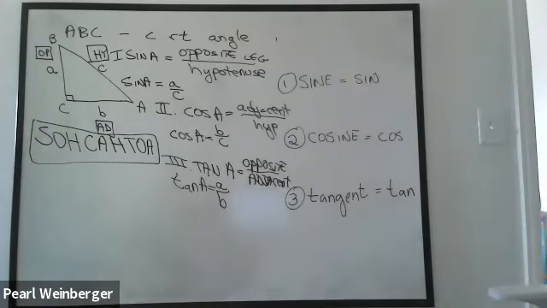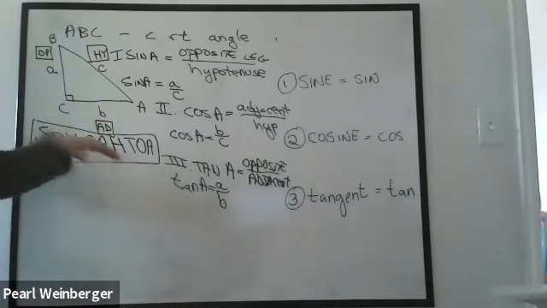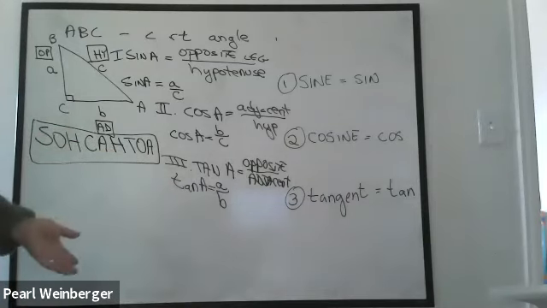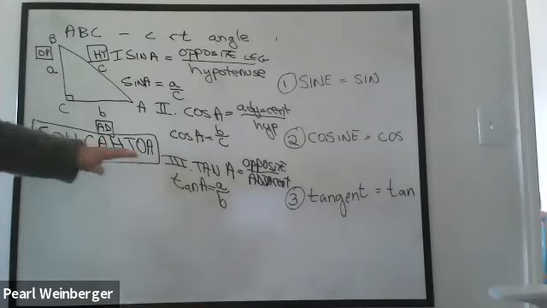A mnemonic device is something that helps you remember, and you remember better if you have a picture of something in your mind. So I picture somebody coming in from a freezing cold day like today, and their feet were so cold because they weren't wearing their boots. So they put their feet in a tub of hot water and they soak toe.